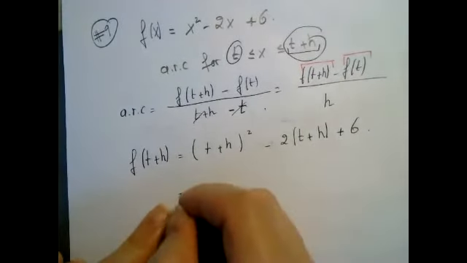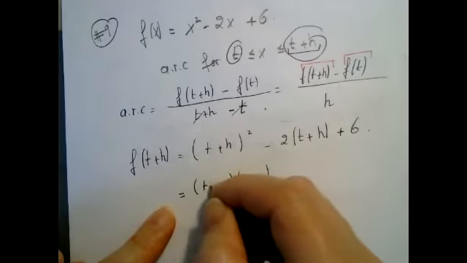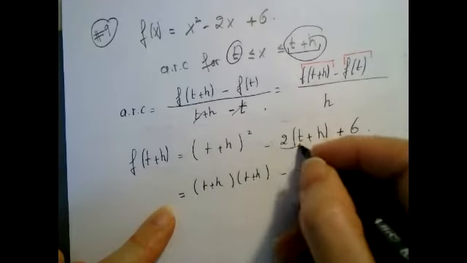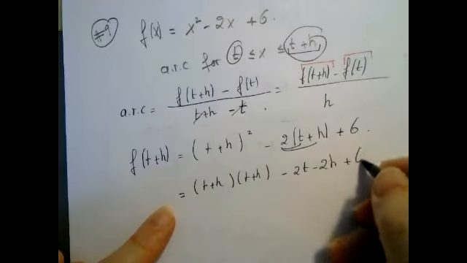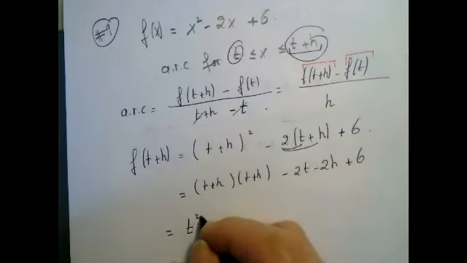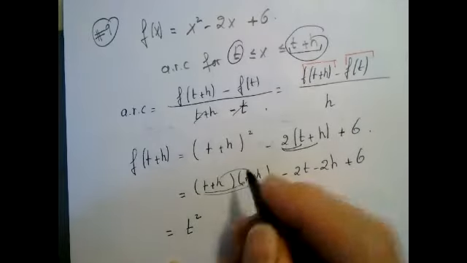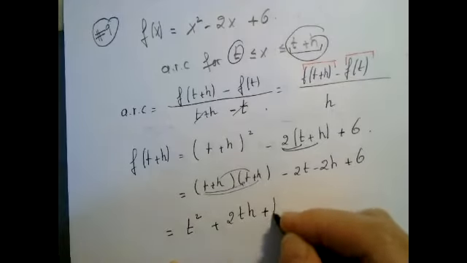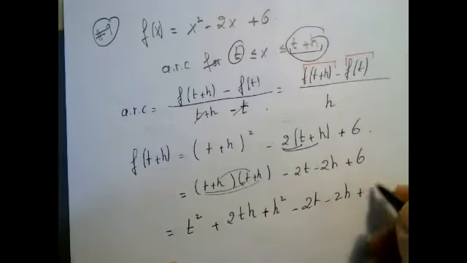Now I have to find out t plus h squared, which is again t plus h times t plus h. I have to distribute here. So finally I get t times t, t squared. Distribute. Plus th, plus th, you're going to get 2th, plus h squared, minus that.